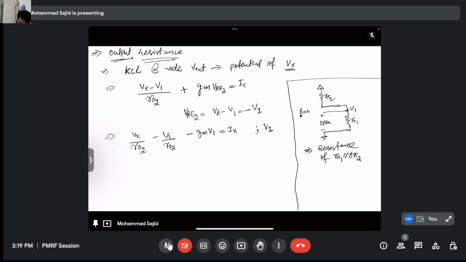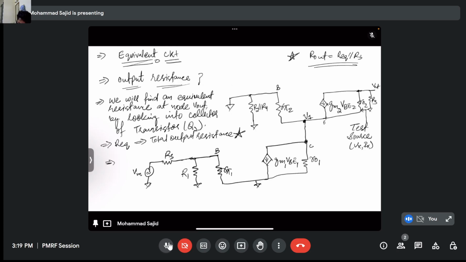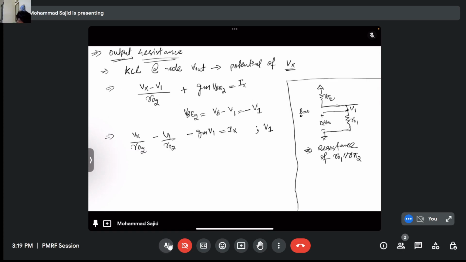So the current Ix here will come, and this will be my Ix. It will flow through a parallel combination of R pi 2 and RO1. So my V1, can I write it as Ix times RO1 parallel to R pi 2, right?